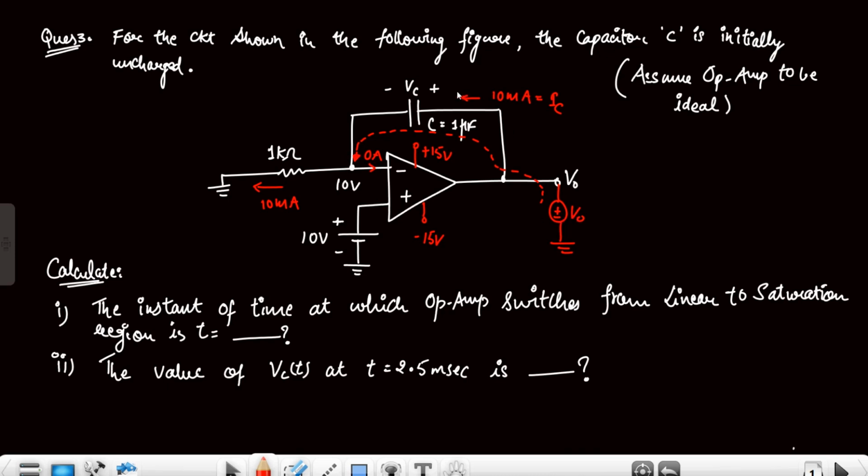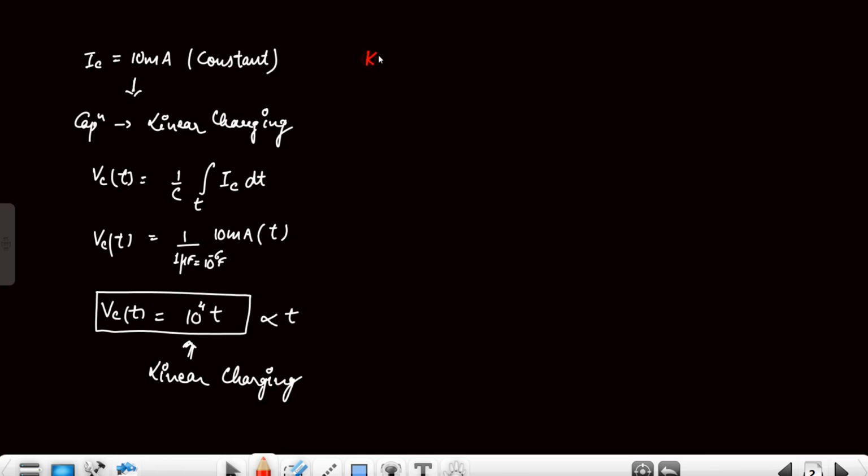So minus V0 plus VC plus 10 equal to 0. So V0 is equal to VC plus 10. So this is how the output voltage is linearly dependent on this capacitor voltage.